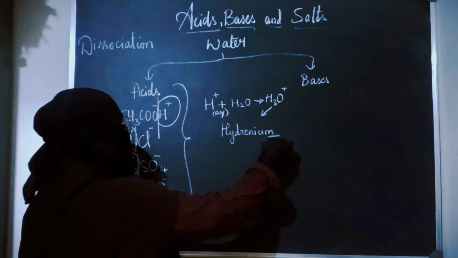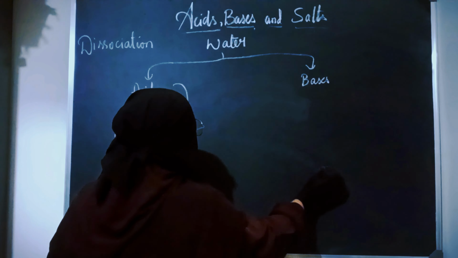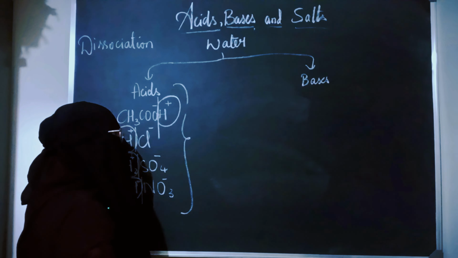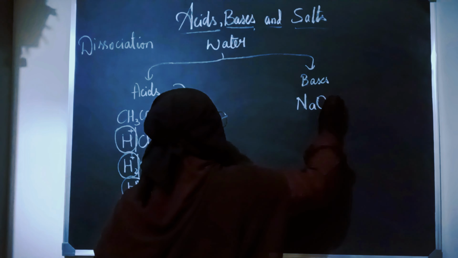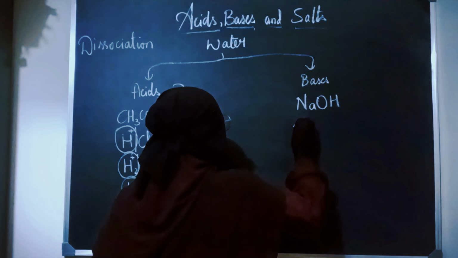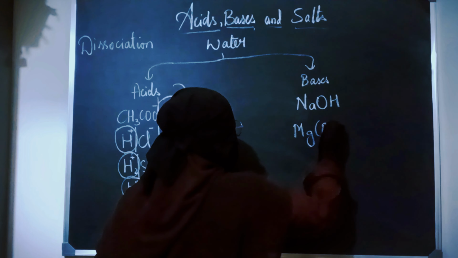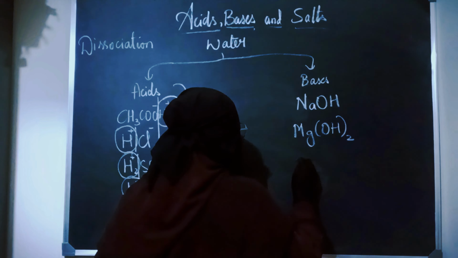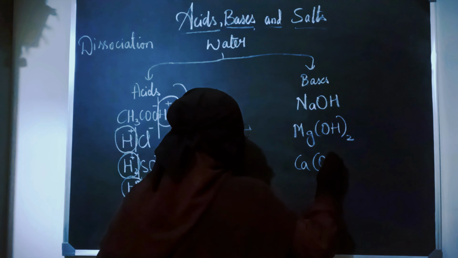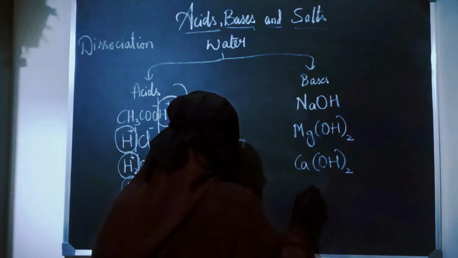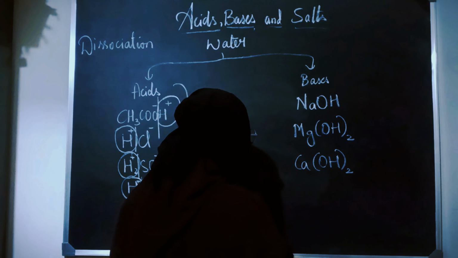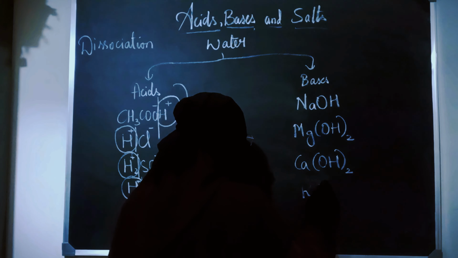Next, let us see what will happen if I add water to the bases. Let's take the examples of bases to be NaOH, Mg(OH)2, Ca(OH)2, and potassium hydroxide, that is KOH.